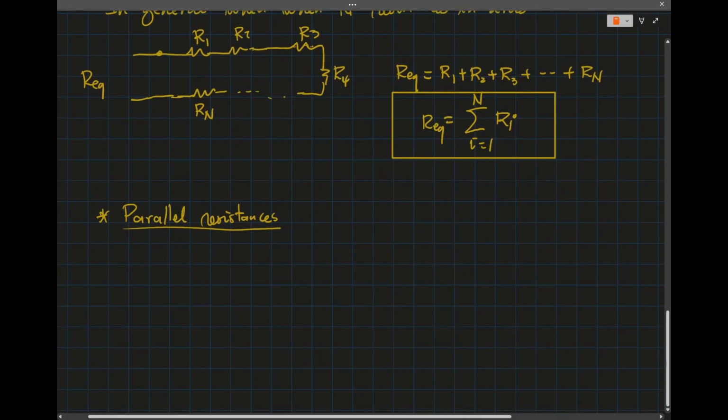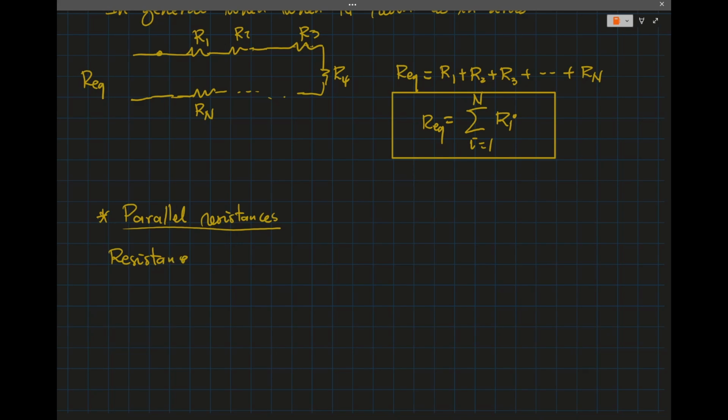Resistances are connected in parallel, as we defined in our previous video, when they share the same two common nodes.